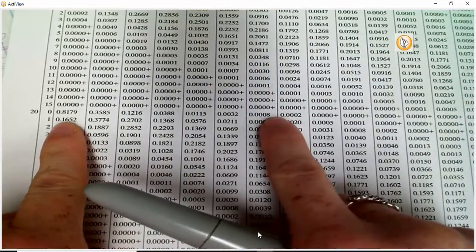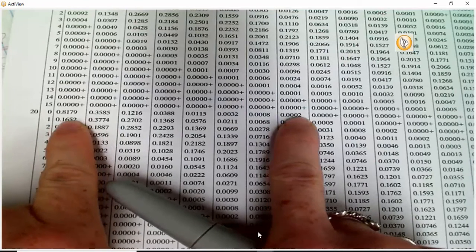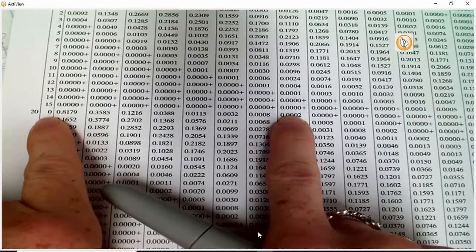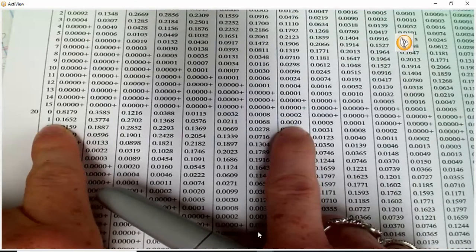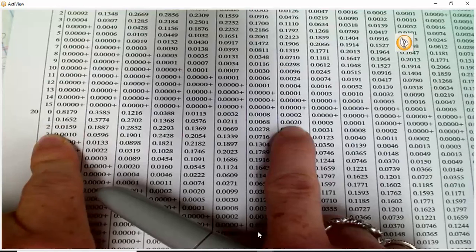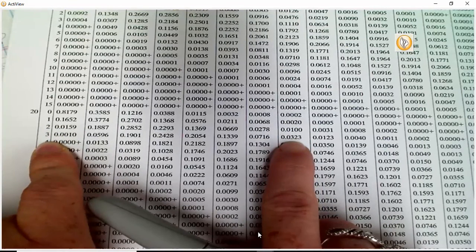So we're at 0.35. We want less than 4. So that means you have to add up your 0.0002, 0.0020, 0.0100, and 0.0323.